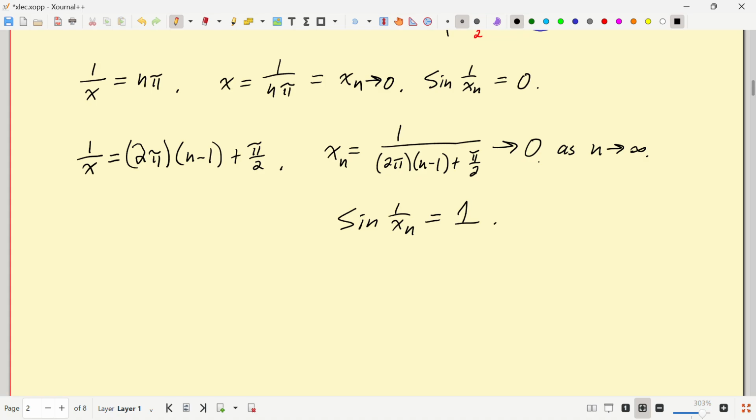So the important point here is these are unequal. They're different. So, without doing the epsilon delta agony, I can tell you that the limit as x goes to 0 of sine 1 over x does not exist.